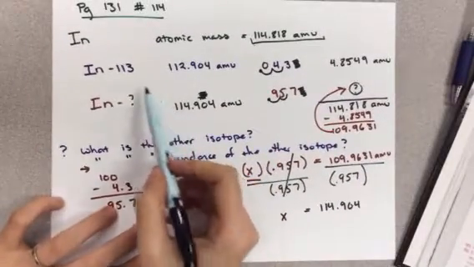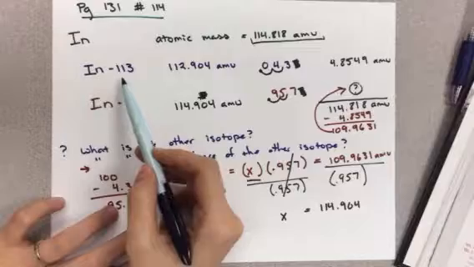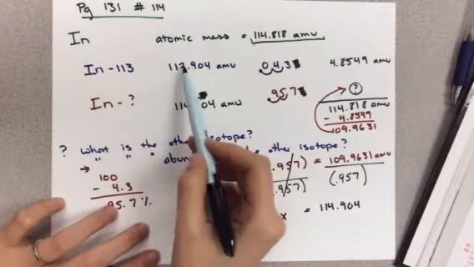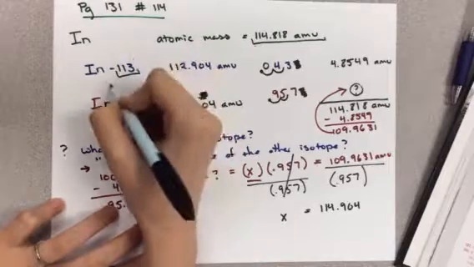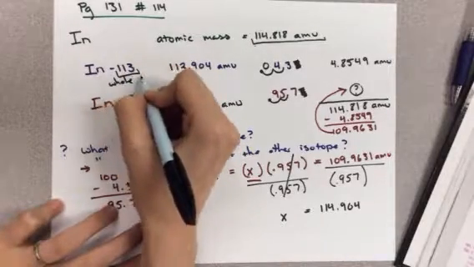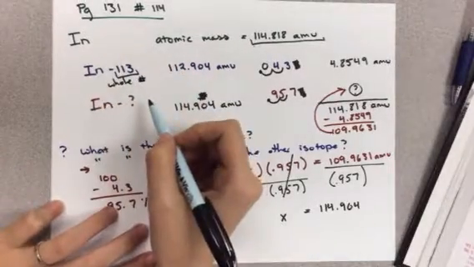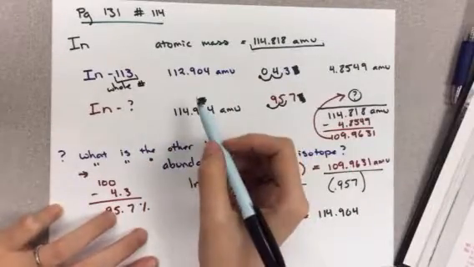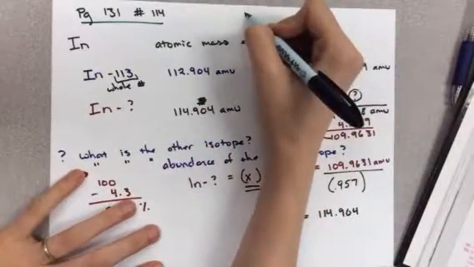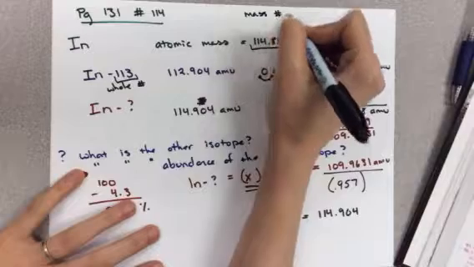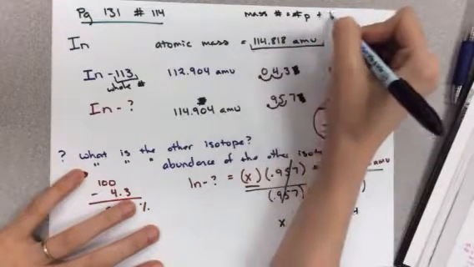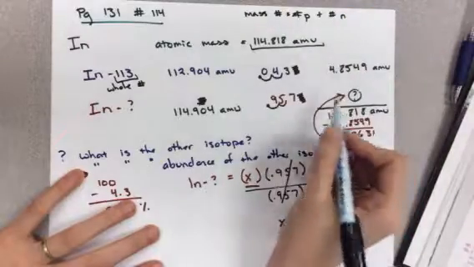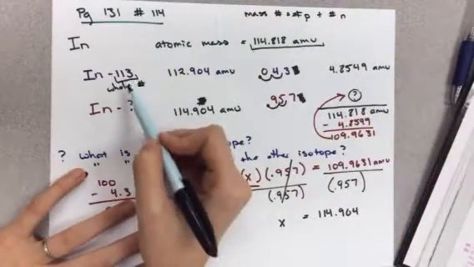Remember that when we're looking at the type or the isotope and we're looking at the mass, they're very, very close. But this mass number has to be a whole number because we're just looking at the number of protons plus the number of neutrons. Remember that. Mass number is number of protons plus number of neutrons. Okay, so it has to be a whole number.